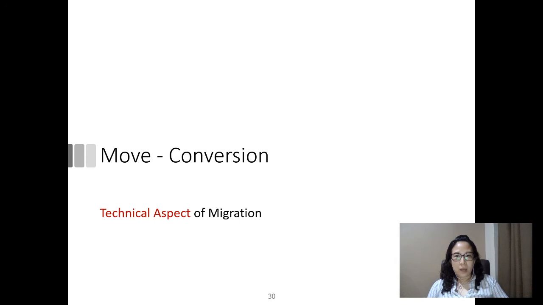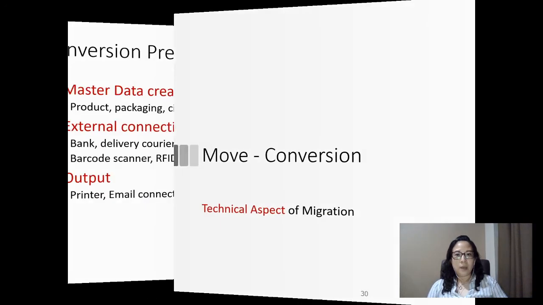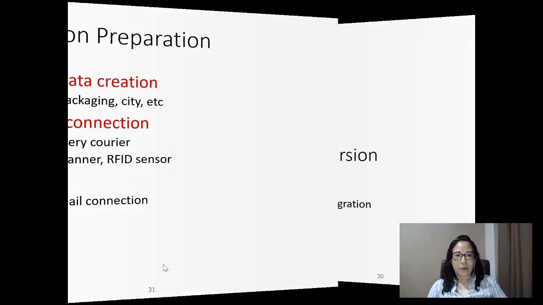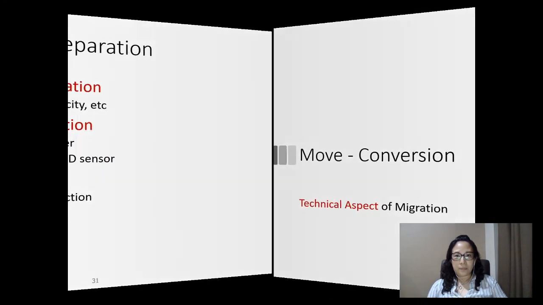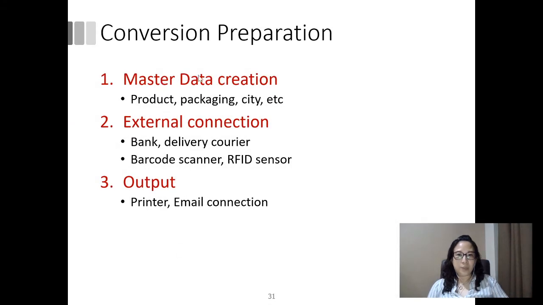And then it will go to the conversion, whereby the conversion includes the master data creation. For example, we need to upload our products, our packaging, the city, the postal code, and the price. Then we need to prepare the external connection with the bank.